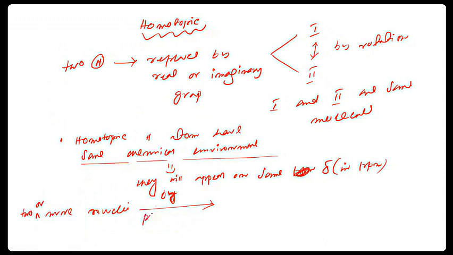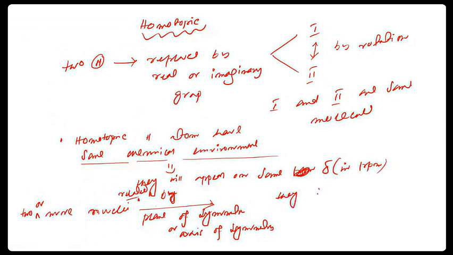So plane of symmetry or axis of symmetry. If they are related by these, this is very fundamental and interesting and easy, nothing to remember, then they are said to have the same chemical environment.